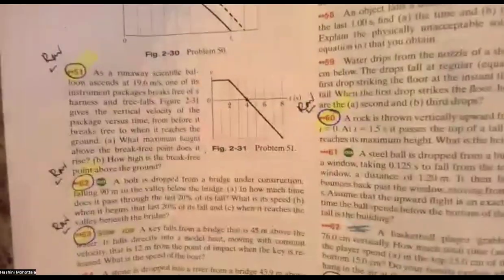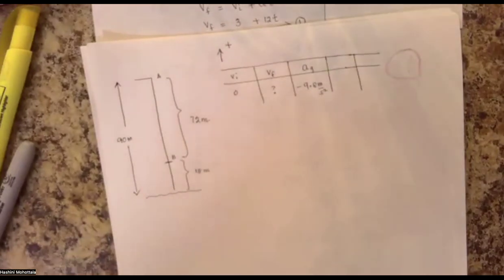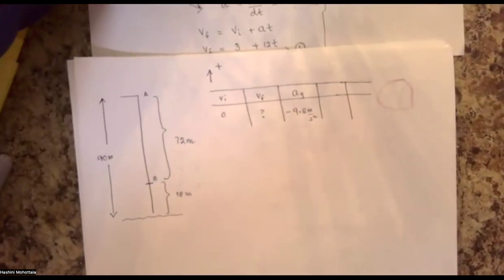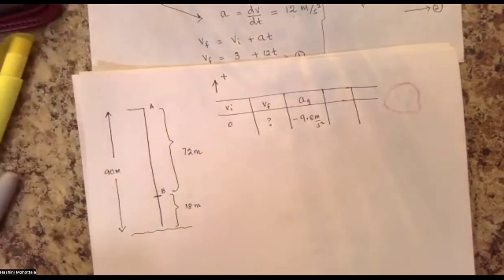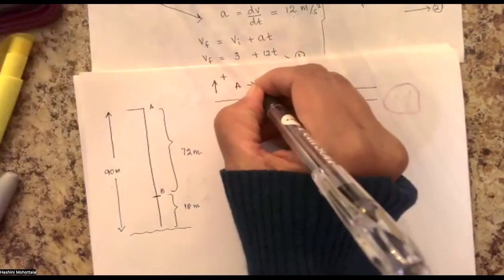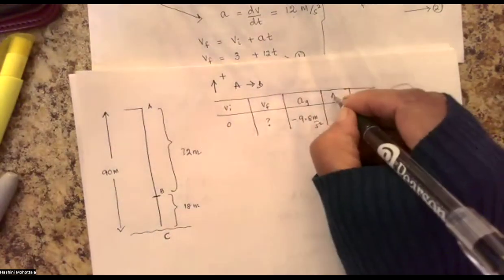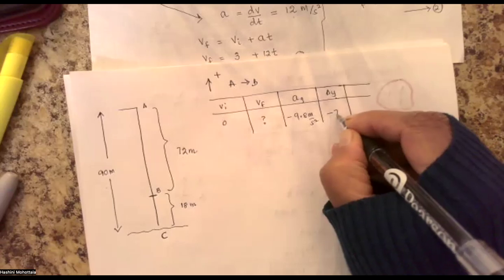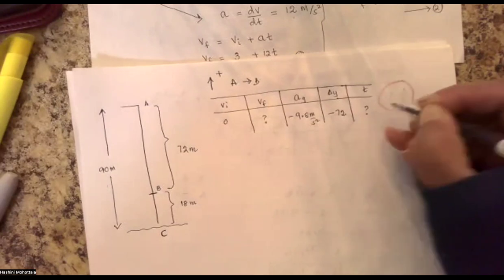So there are a number of different ways you can do this. I am going to do it in a way like first I am going to find the time from A to B. So from A to B. And then I'm going to call this point C. So the delta y from A to B is negative 72 because it's pointed downward, and then the time I don't know.